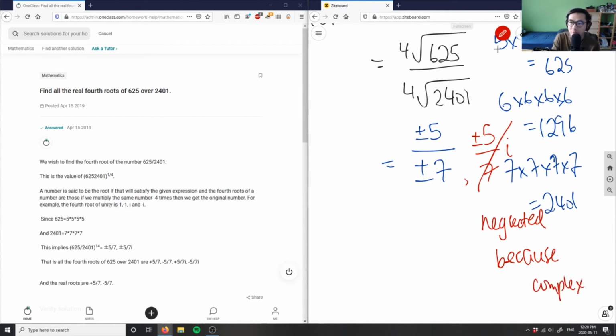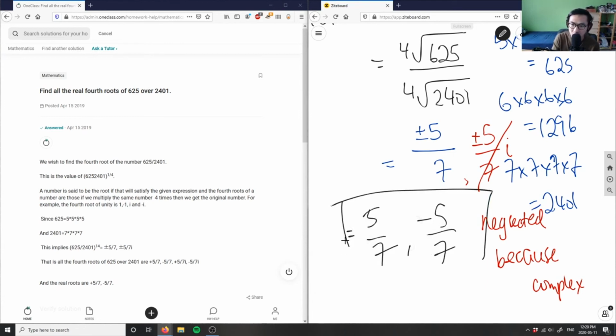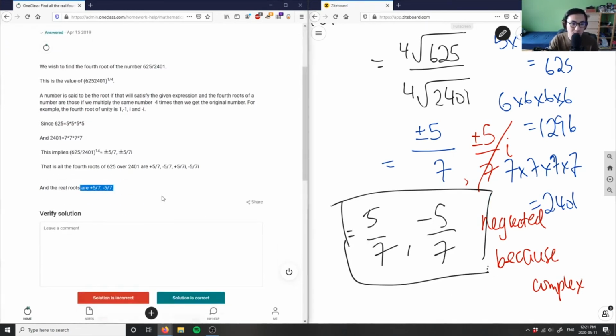So basically we're just looking at this guy here, which is plus or minus 5 over 7, right? So my real roots of this problem are simply 5 over 7 and negative 5 over 7. These two are the real fourth roots of this problem, and as you can see, this is the correct solution.